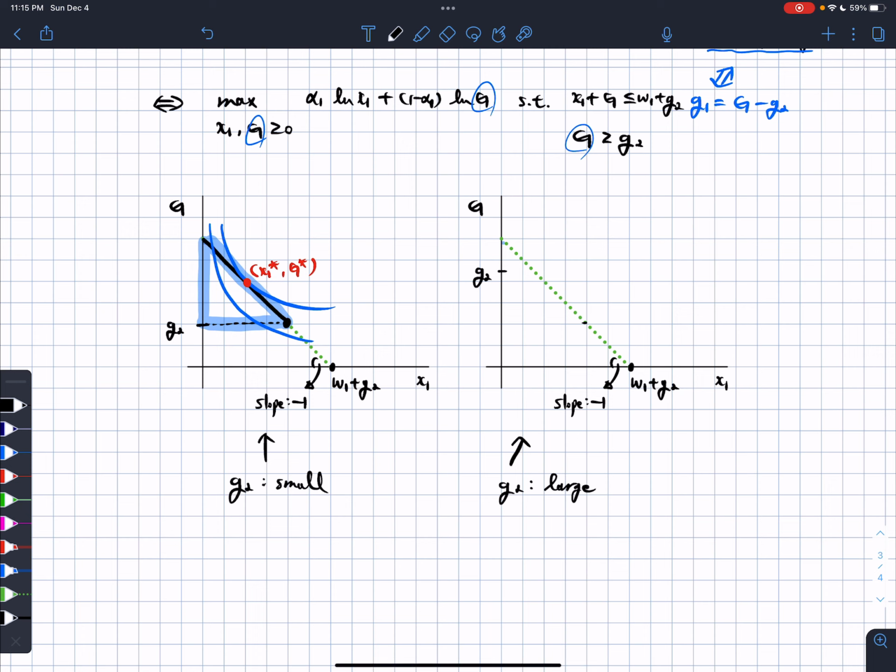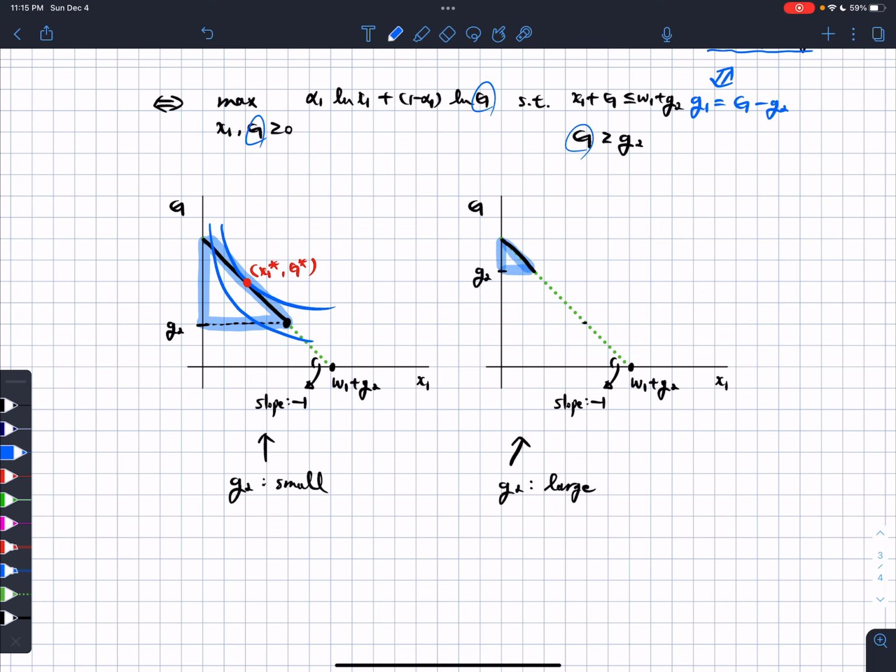Then in this case this blue triangle will be very small. So I will have only this little segment, and then the budget constraint will be this little triangle.